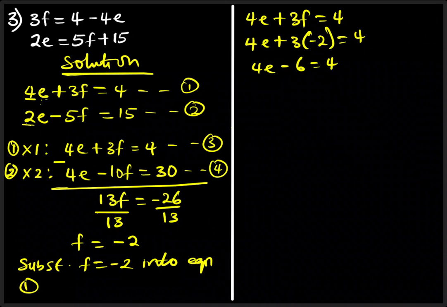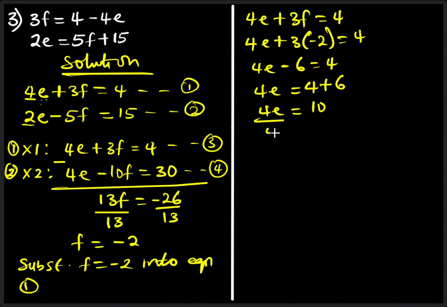I hope I've not made any mistake there. 4e minus 6 is equal to 4. So 4e is equal to 4 plus 6. And then 4e equal to 10.